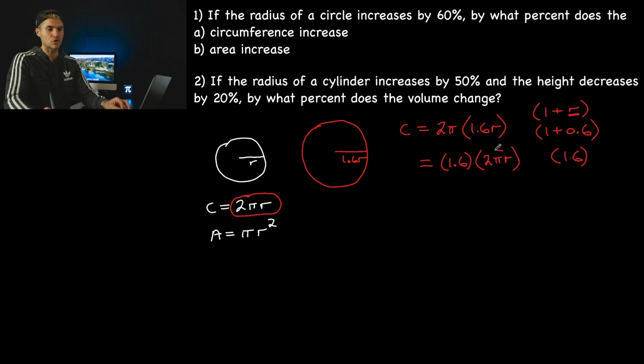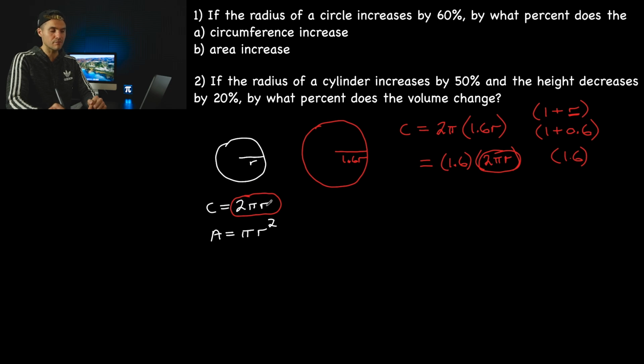So basically the original circumference, 2 pi r, also increased by 60% because it's a linear function, right? 2 pi times the r value, there's no square there or anything. You're going to see with the area, it's not just going to increase by the same amount.